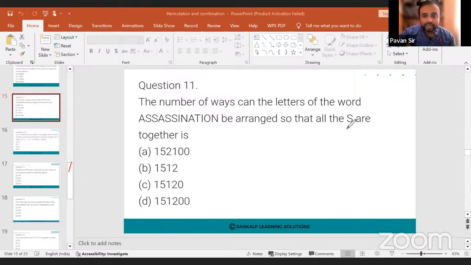This is the important part. ASSASSINATION: 1, 2, 3, 4, 4 S are there. 4 S together. How many ways can the letters be arranged so that all S are together?